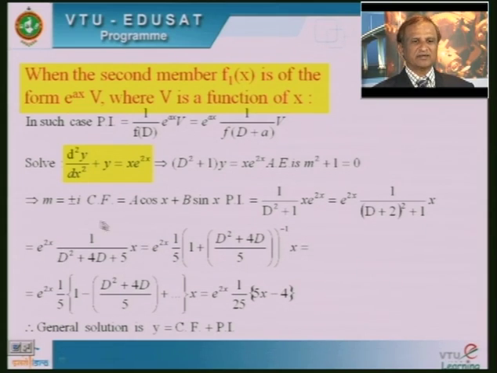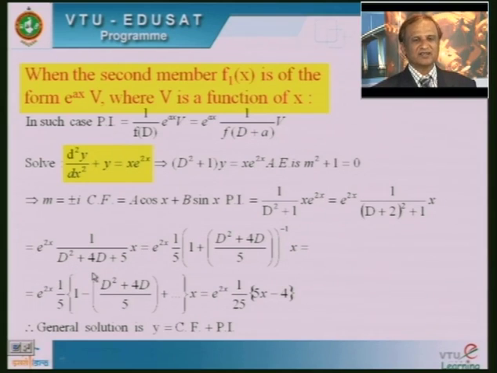Just now I have explained how we are going to find a particular integral in case of x raised to m. So, using that method I can find the particular integral of this term. Is it clear? I cannot say that this term itself is the particular integral.